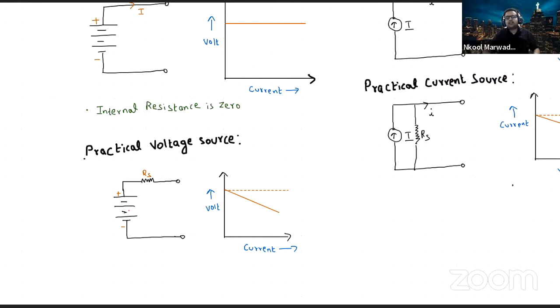Hence Kirchhoff's voltage law is not 100% applicable. Kirchhoff's voltage law says that whatever is the energy of the battery, it should be equally distributed, but it does not happen because there is a leakage of energy because of the internal resistance of the battery, which is connected in series.